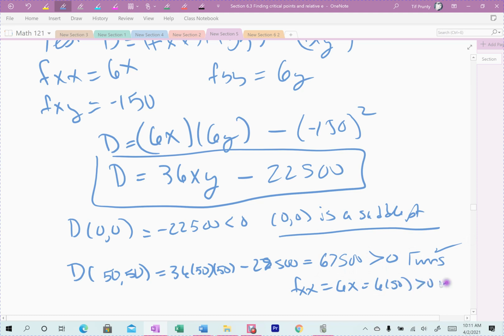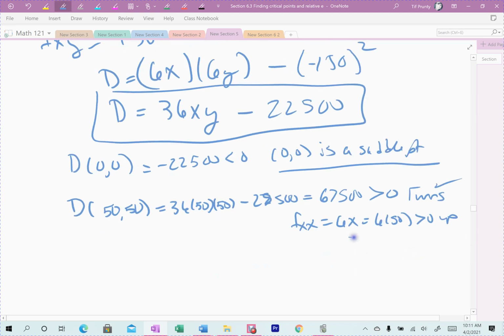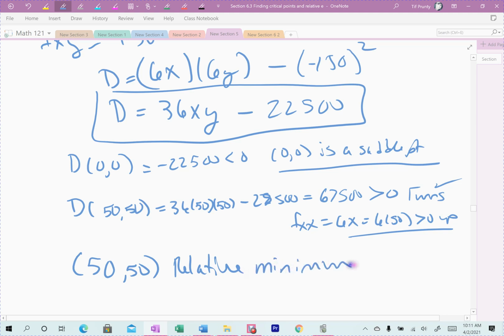That's positive, so that means it turns up. So it turns and it turns up, so that means the point 50, 50 gives me a relative minimum. If it turns up, it gives me a relative minimum of whatever f of 50 is.